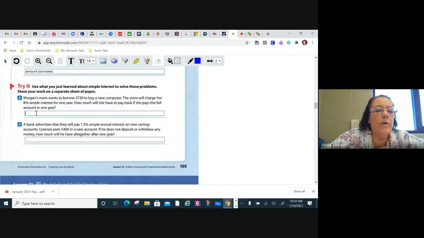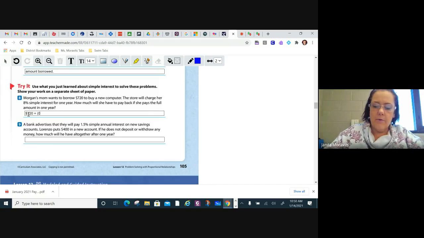All right, so she's going to borrow $720. And she's going to have to add that to the amount of interest. So I'm going to put it in parentheses just so that you can see it. Now, her interest rate is 8%. So if we move our decimal 2 places over, remember there's not one here, so we've got to put a placeholder.